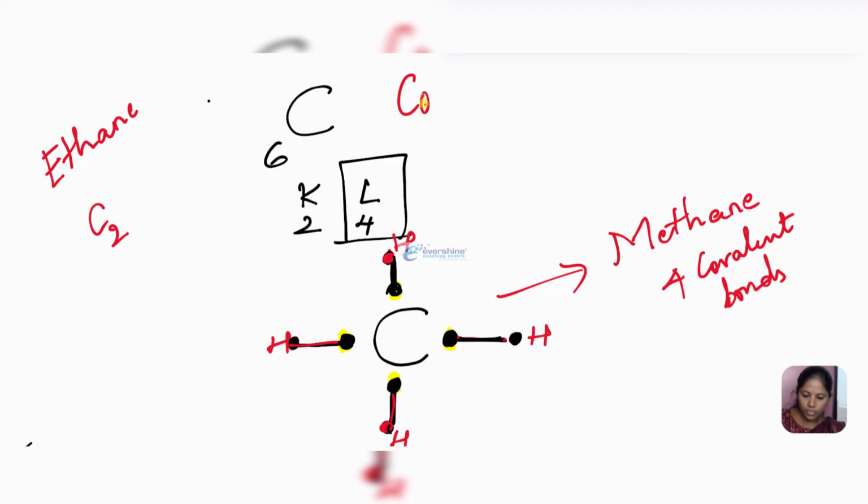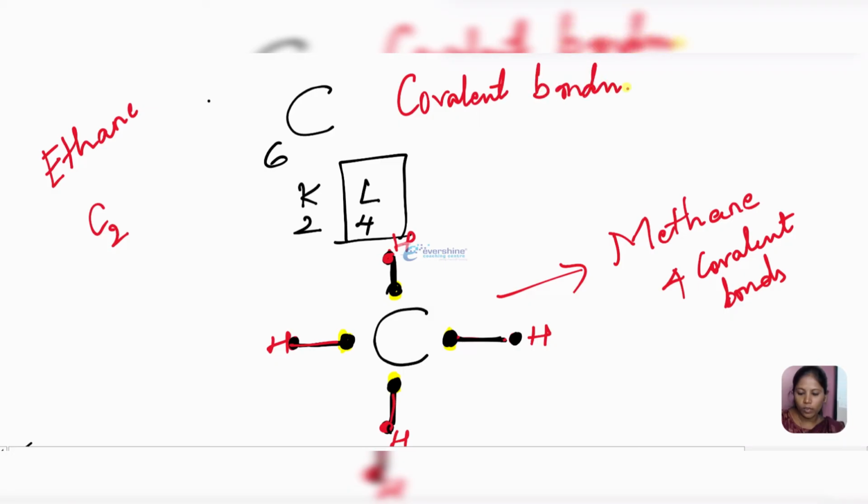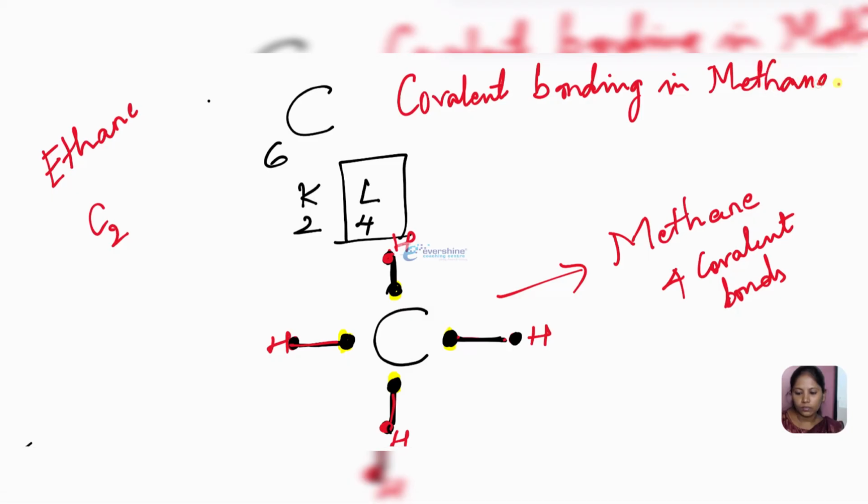Next we will see covalent bonding in methane. What is the formula of methane? Methane is CH4. Here you can see at the center I have written carbon. How many electrons does carbon share? 4 electrons, because its valency is 4.